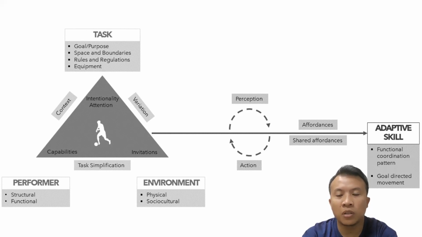So one is the importance of understanding the interactions between the performer, task, and the environment, and how this will give rise to a set of possible behavior that will emerge from those interactions. All right.